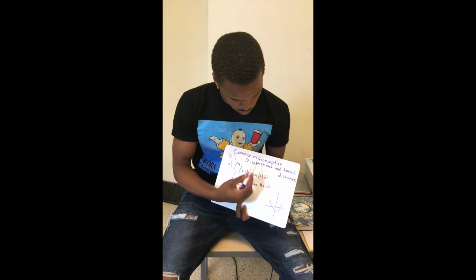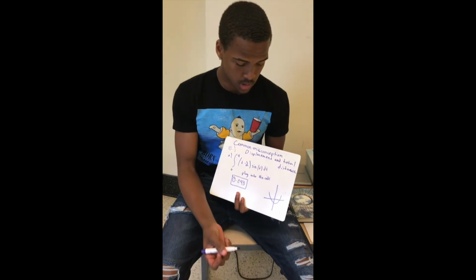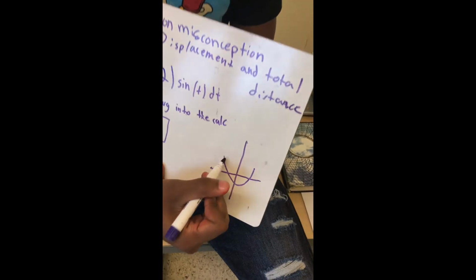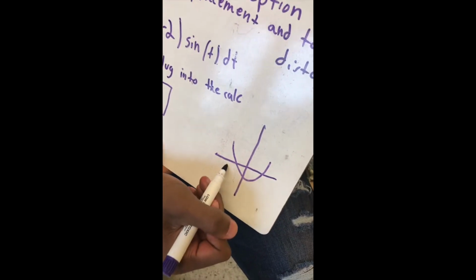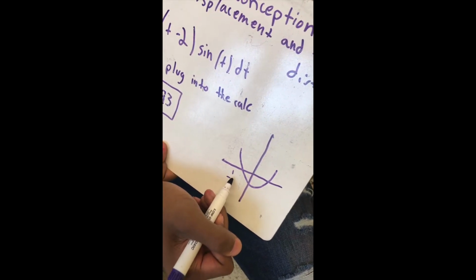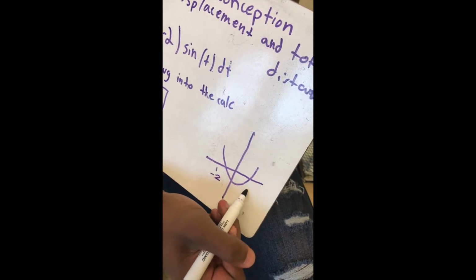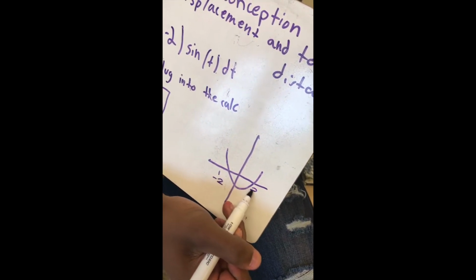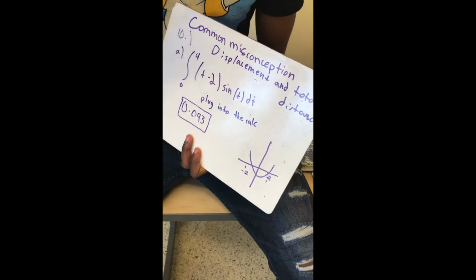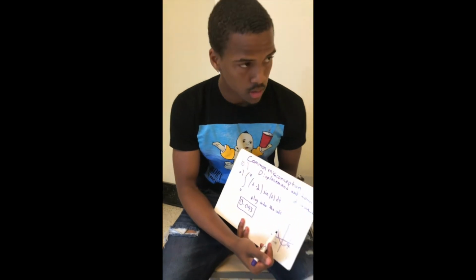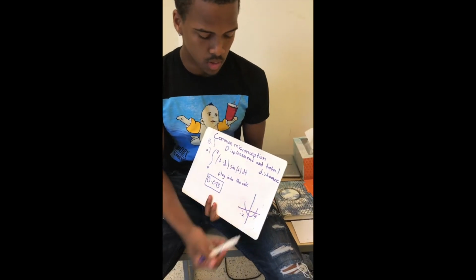My displacement technically would be 0, because from start to finish, I end up at the same point. So if this was -2 and this was 2, I arrived at the same place that I started, or essentially went nowhere.